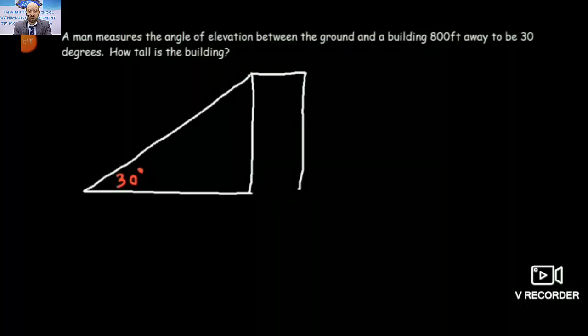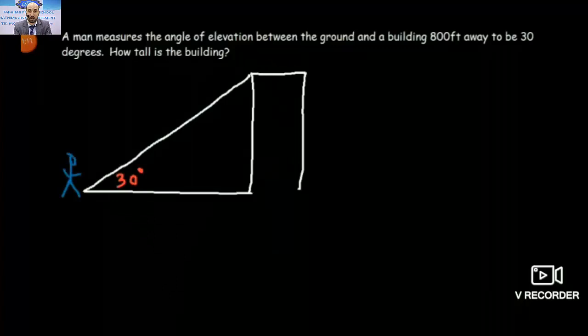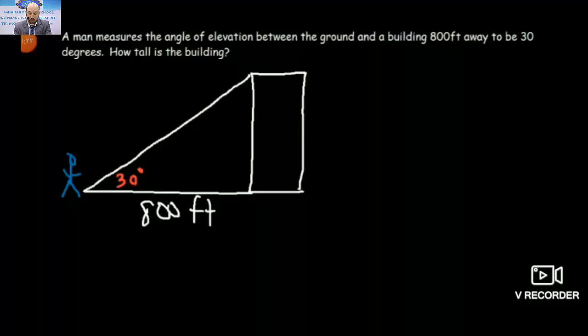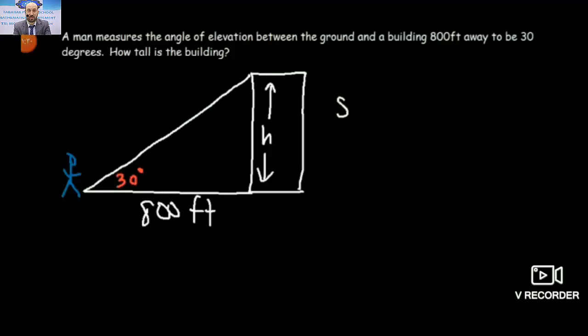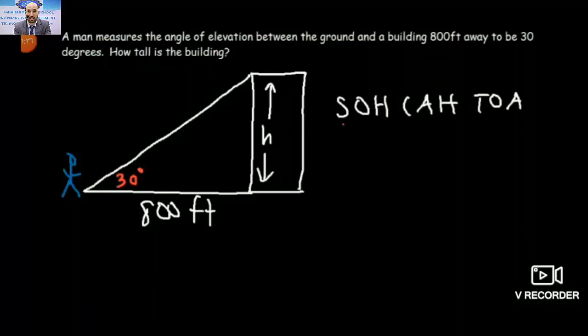Now here we have the distance between the man and the building, 800 feet, the horizontal line. If you want to find the height of the building, we have to use sine, cosine, or tan. So we have to rename all of the sides of the right angle triangle.